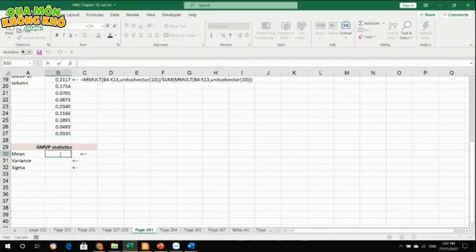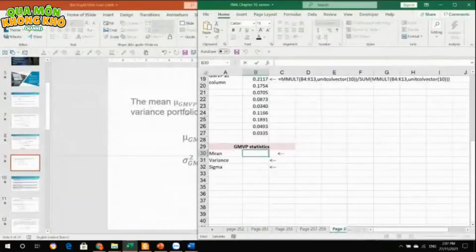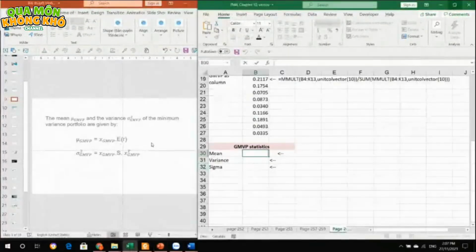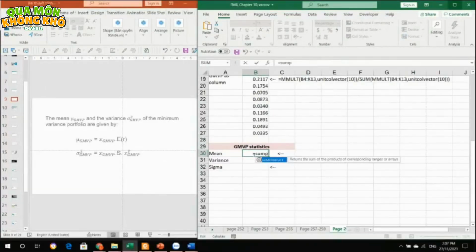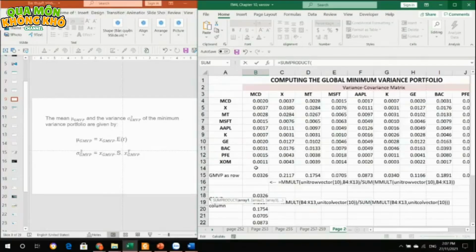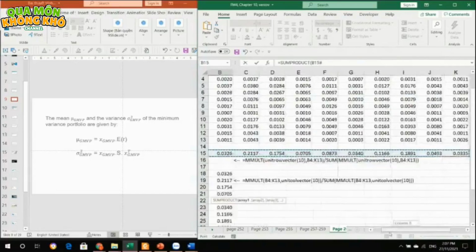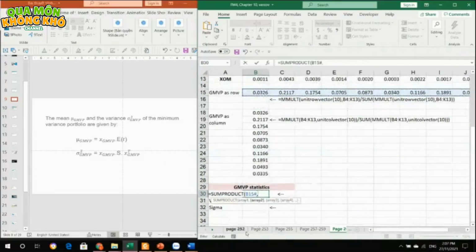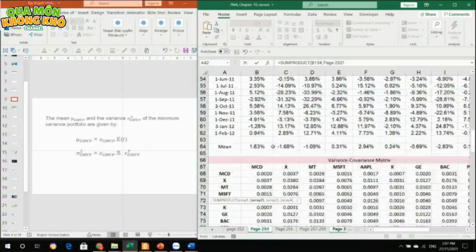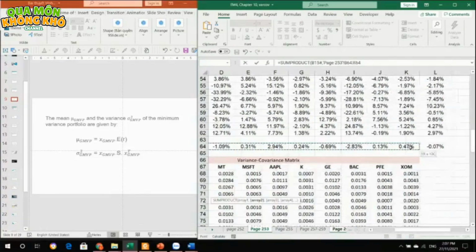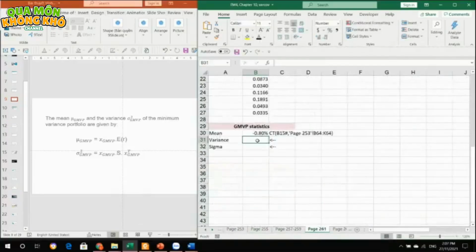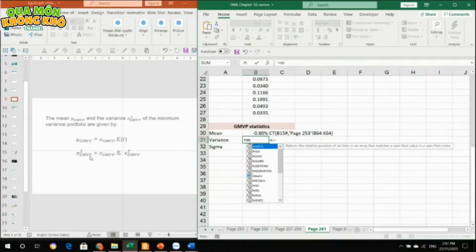And some statistics. The mean equals this formula, which means we use the function SUMPRODUCT here, multiplied with the expected return. Variance: the variance we use the formula below.